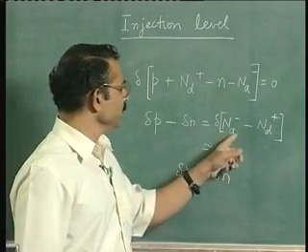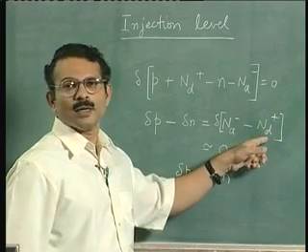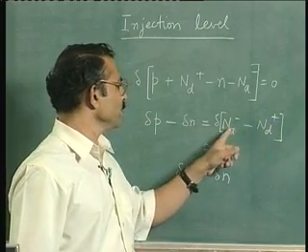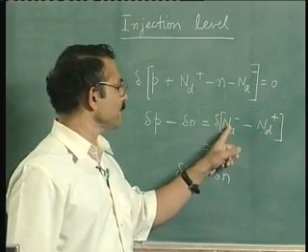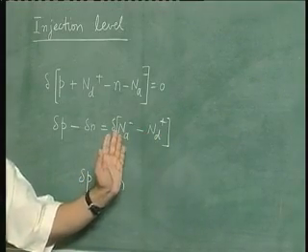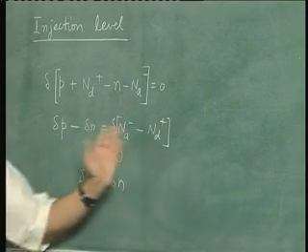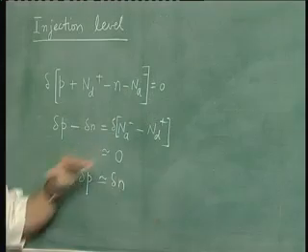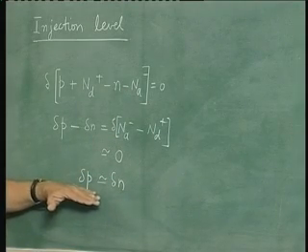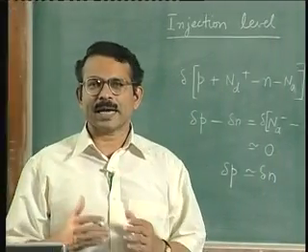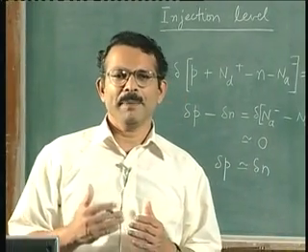Now here these impurities may mean deep levels or shallow levels, and although we have shown only two types of impurities, one type of donor and another type of acceptor, in principle there can be several different impurities, and all that this will mean is the change in the ionization of the impurities is negligible. So in such a situation you can very easily see that delta P is equal to delta N. This is the meaning of excess carriers being generated in pairs.